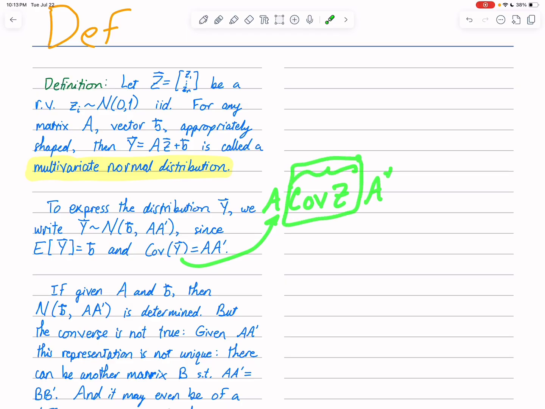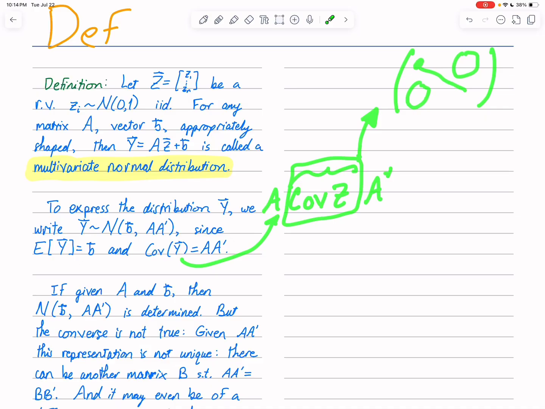And the idea is that this covariance of z, what is that? Well, remember, all the random variables in it are independent. So when we draw out this matrix, everything below and above the main diagonal is going to be 0 because of the independence assumption.